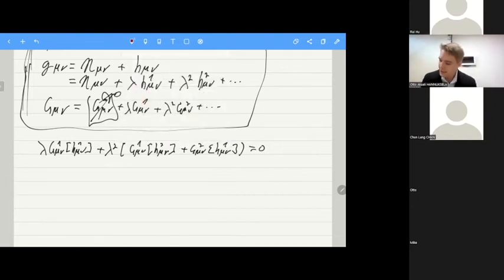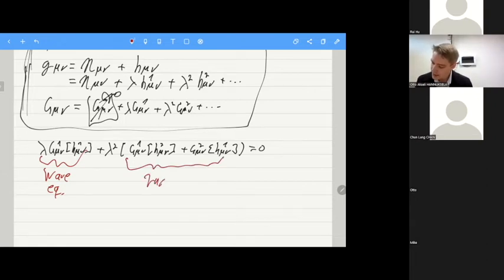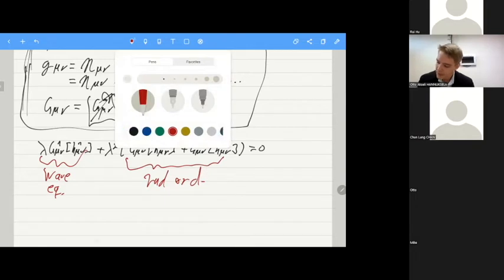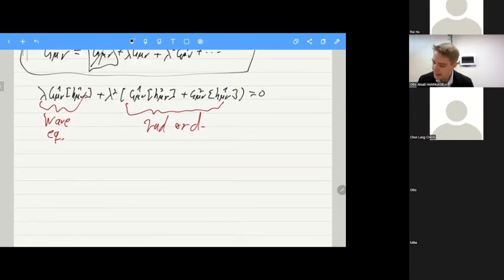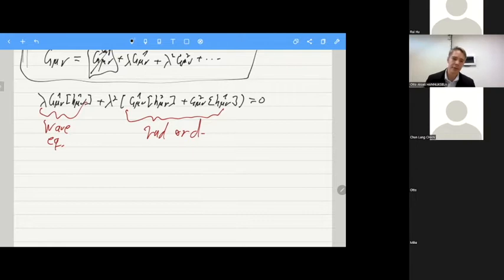So what do we have here? We essentially have the usual wave equation, which is what we looked at before. And this is the second order correction. And because we're looking at perturbative theory, these terms have to be both 0.